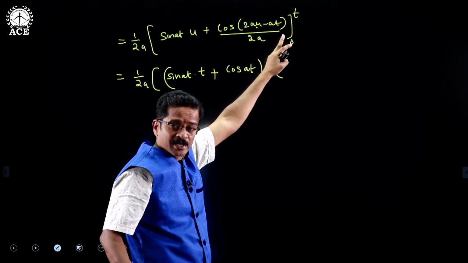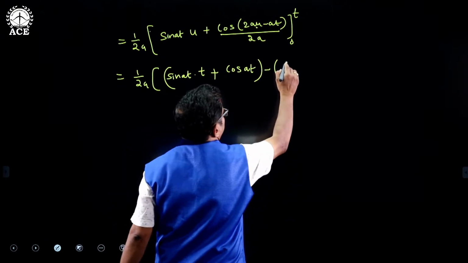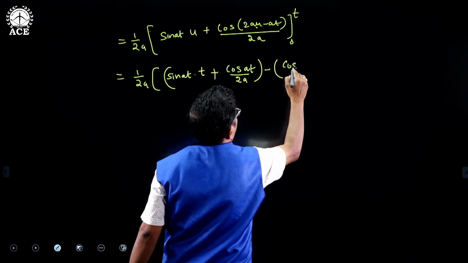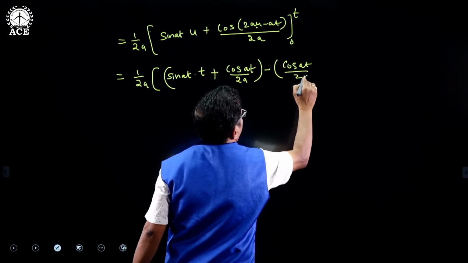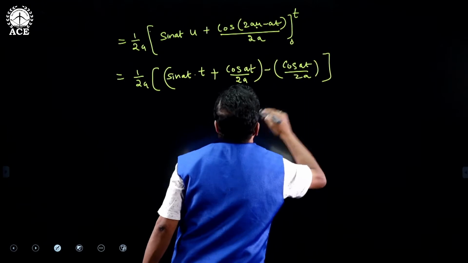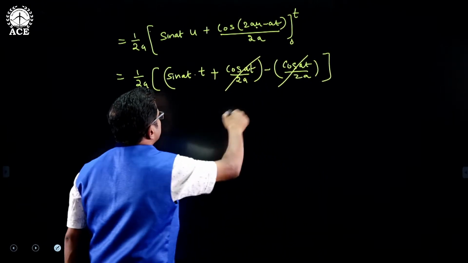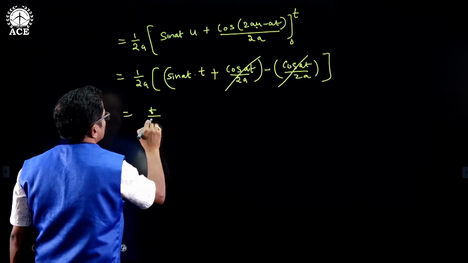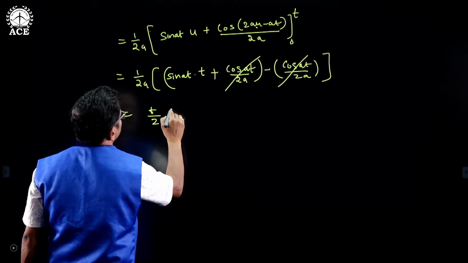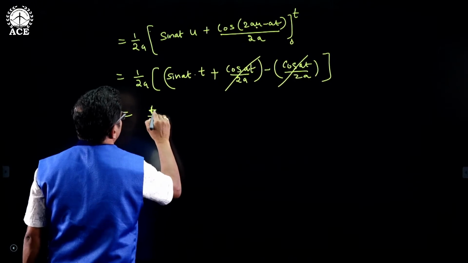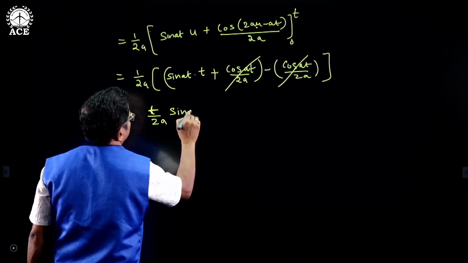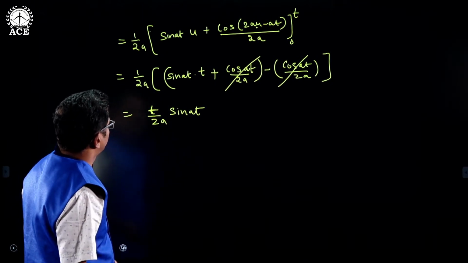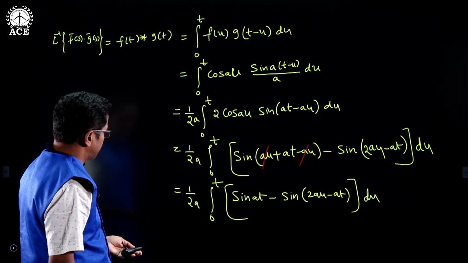Cos of minus at is cos at by 2a. Sorry, I forgot: even here 2a will come, cos at by 2a. So these two terms get cancelled. What is left is t by 2a into sin at.